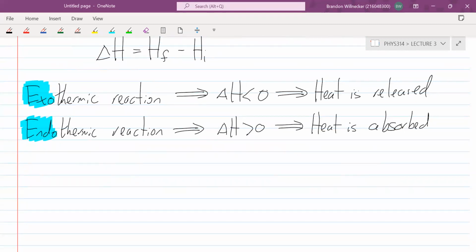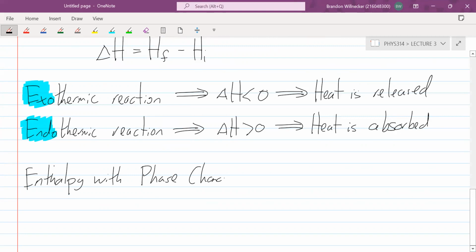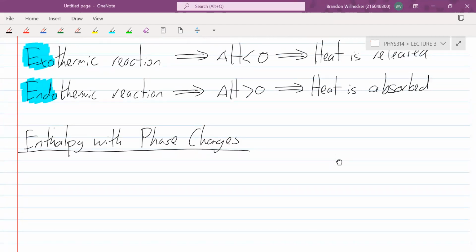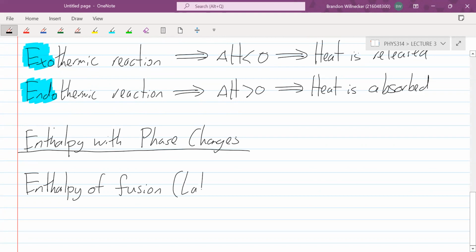Then there's a couple little things that we need to know, and that is enthalpy with phase changes. If you've got a substance moving from one phase to another, there's a certain amount of enthalpy related to that phase change. The first one is enthalpy of fusion, also called latent heat of fusion.